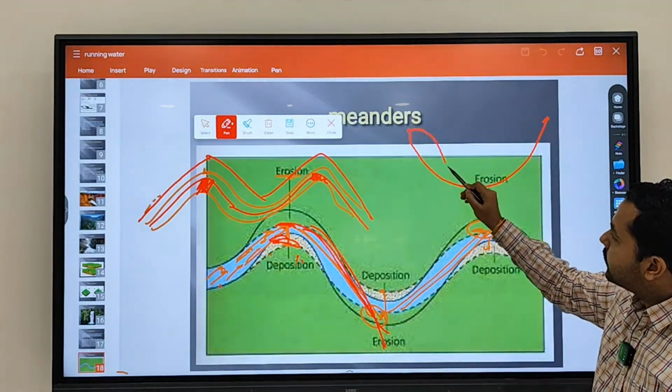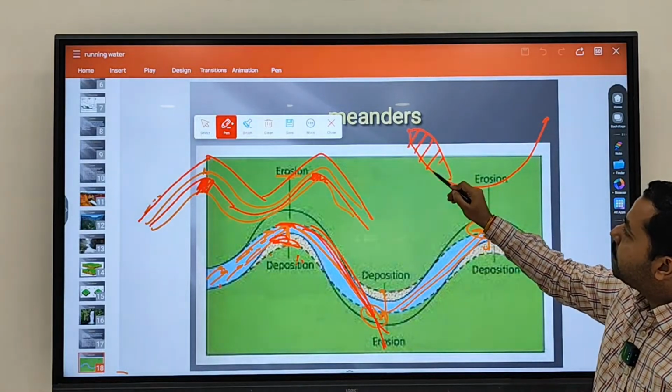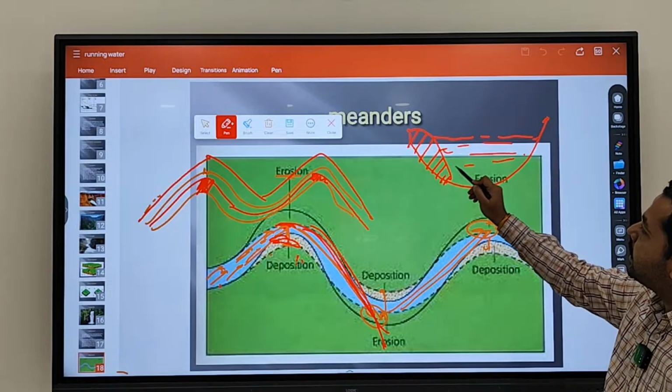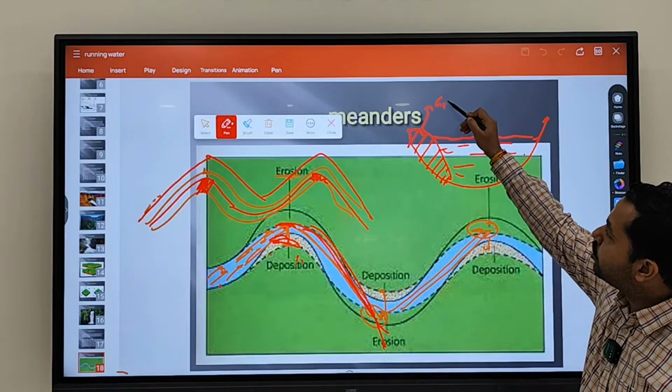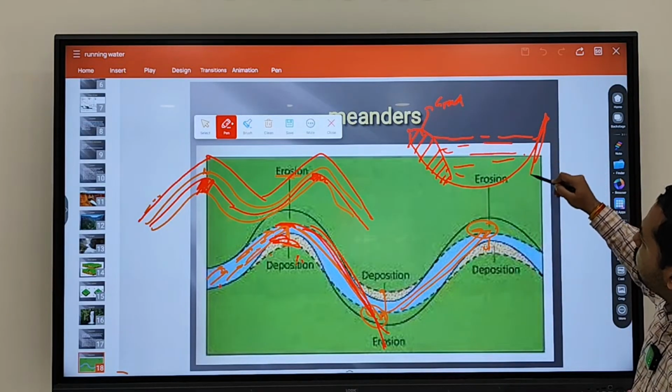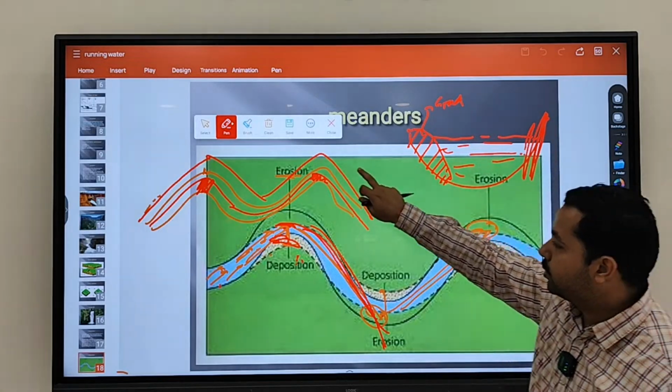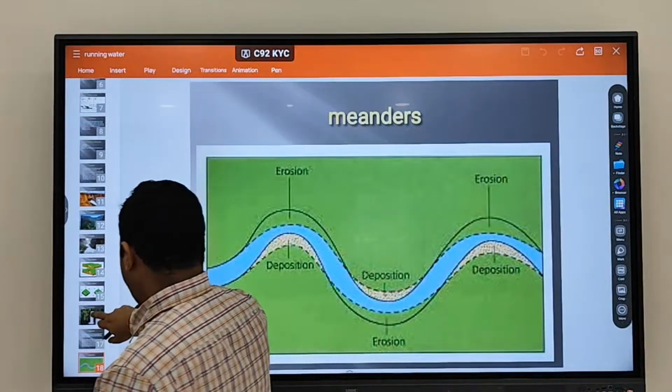So you'll find it like this. Deposition will happen like this, and as a result, on one side you are going to get a gradual slope, and on the other side you are going to get a steep slope. So you'll see this figure.